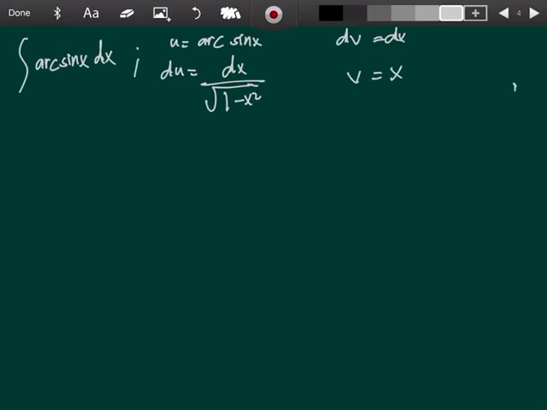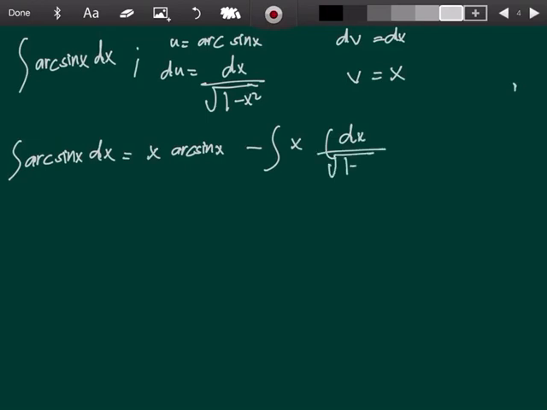Okay, so we have the integral of arc sine x dx equal to uv, x times arc sine x, minus the integral of v du, x times dx over square root of 1 minus x squared.